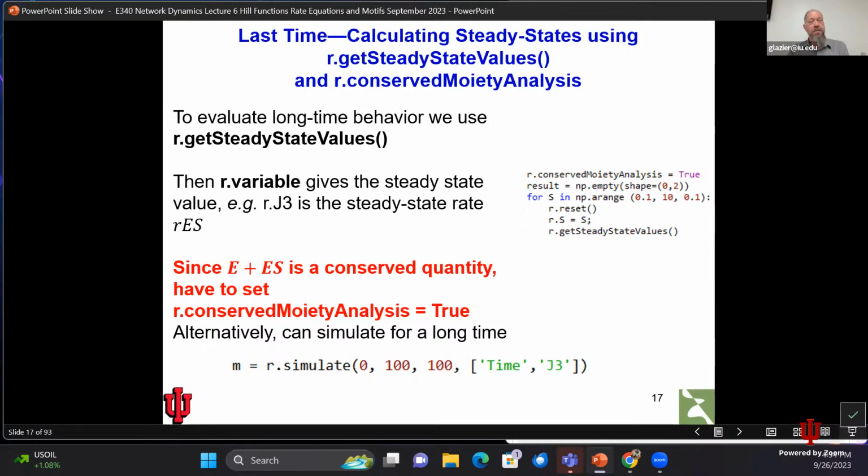You may find that sometimes the getSteadyStateValues function fails, and in that case, the best thing you can do is simply run the simulate for a long time until things settle down. That's numerically more stable. getSteadyStateValues is much faster, but it's doing matrix inversion to get that value, and that doesn't always converge.